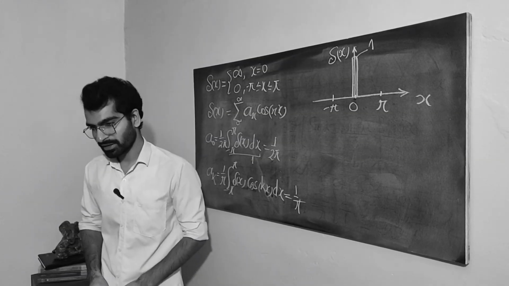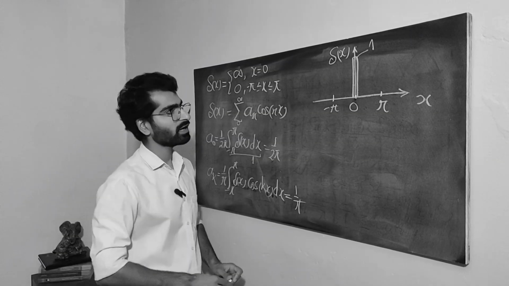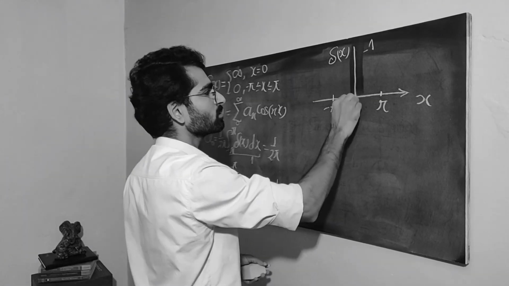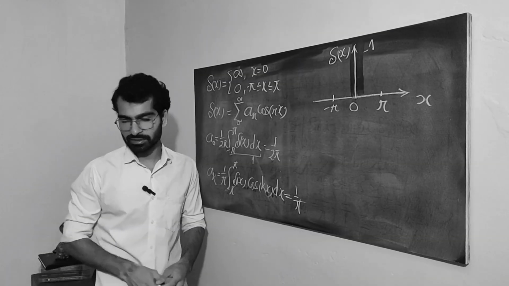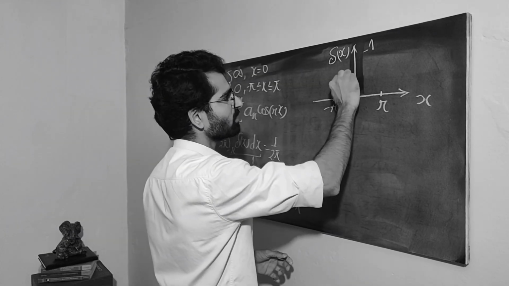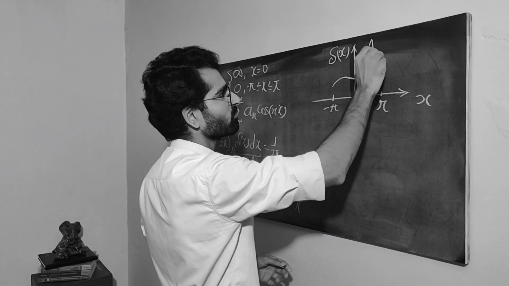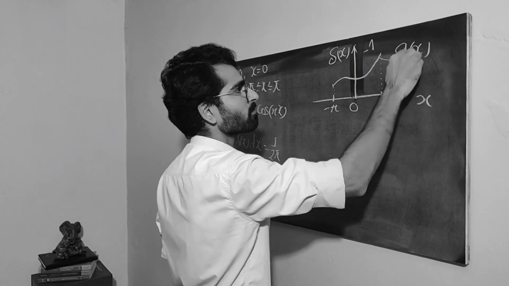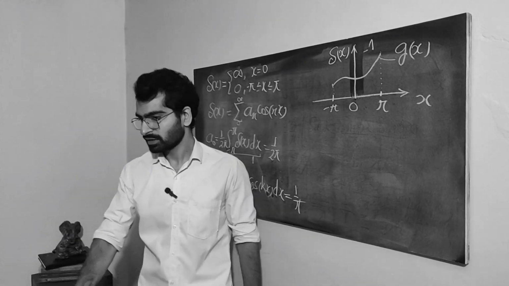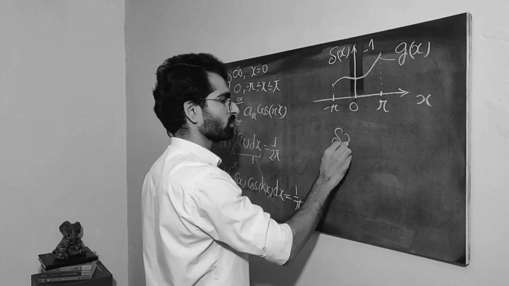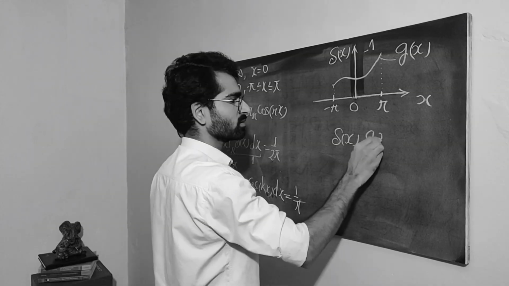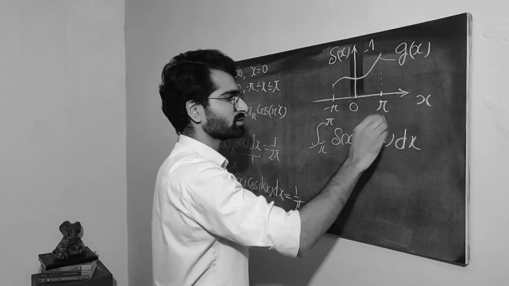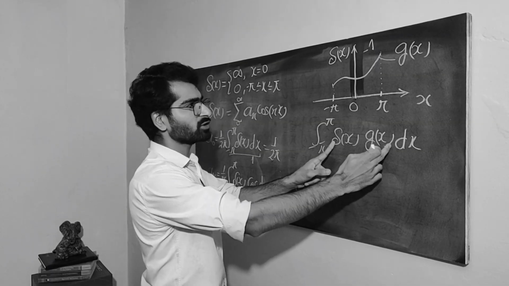And so I want to explain it a little. So if you take your delta function and you multiply it with some random function, some ordinary function, maybe this function is z of x, then this product, when you integrate it from minus pi to pi dx, this product will be 0 everywhere.